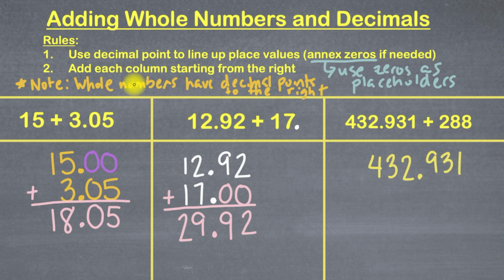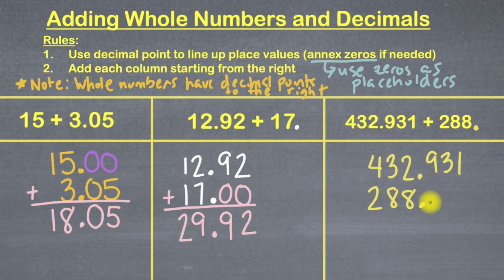But like we said in the note, all whole numbers have decimal points to the right. So here with this 288, there's really a decimal point right here. And we can use that to help us line up our place values. So I'll put a decimal point right here, and I'll have 288 to the left of that. And notice how I have every single place value lined up neatly.